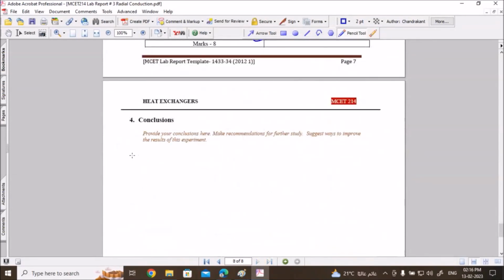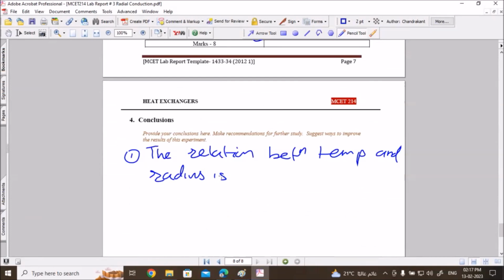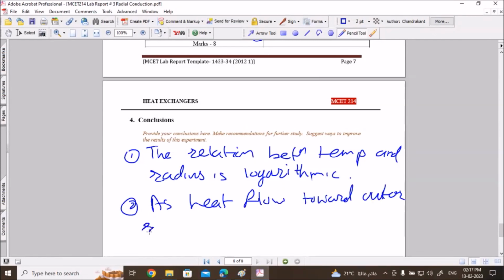So very important conclusion. So first we need to write the relation between temperature and radius. Radius is logarithmic. Number two, as heat flows towards outer radius, temperature gradient dt by dr decreases. Okay.